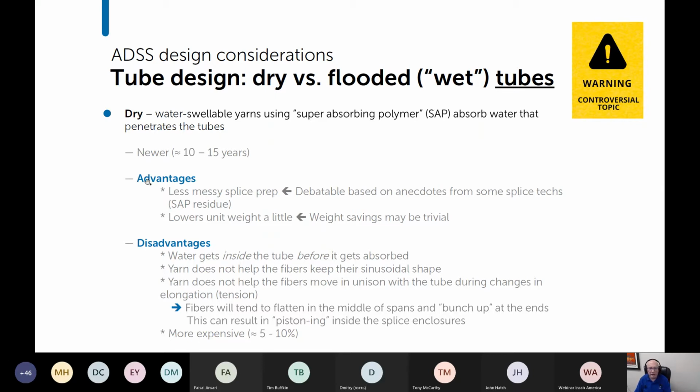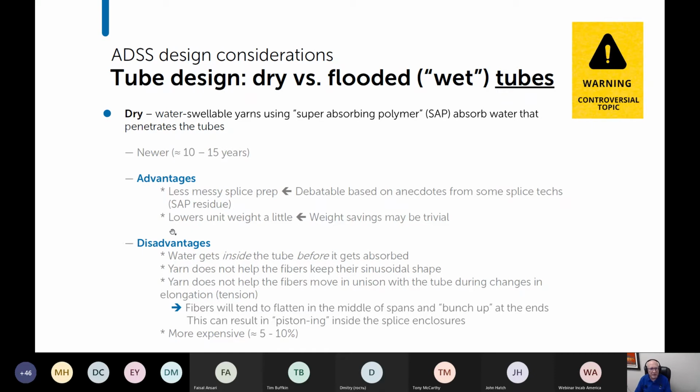The claimed advantages. So here you're going to see Mike Riddle's personal bias become blatantly apparent. It's claimed that, like with the core, it's making splice prep less messy. However, this is debatable because I've actually had splice techs tell me that the SAP residue from the yarns gets on the fiber and has to be cleaned off, and it's actually harder to clean off than the gel.